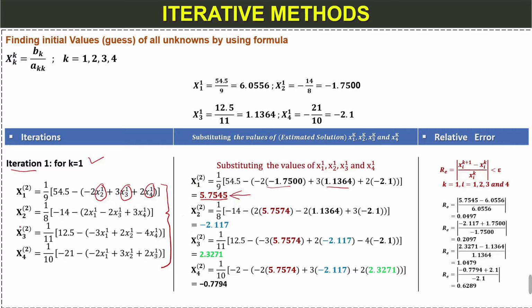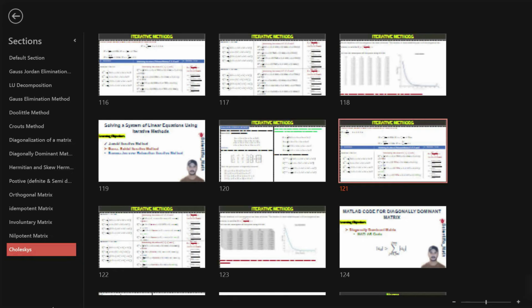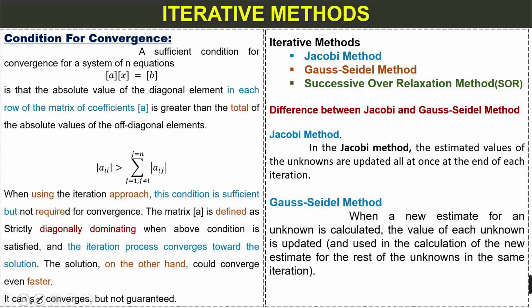So what is the difference between the Gauss-Seidel method and the Jacobi method? Let's have a look. The difference is that in the Jacobi method the estimated values of the unknowns are all updated at once at the end of each iteration.